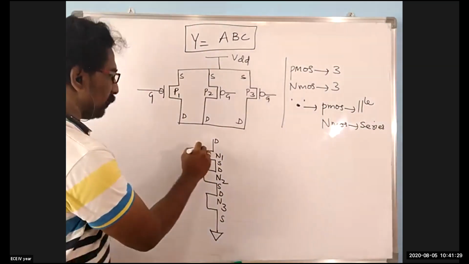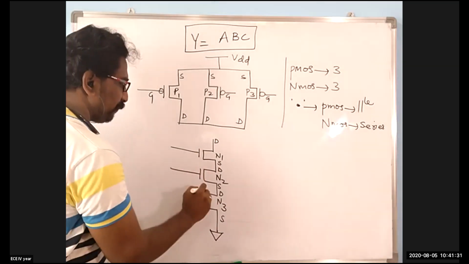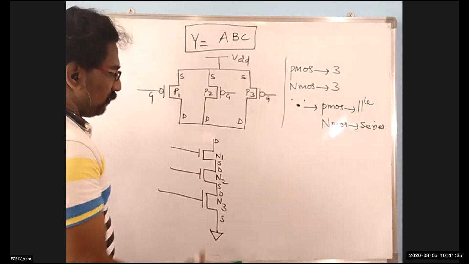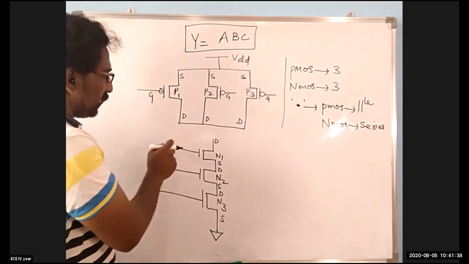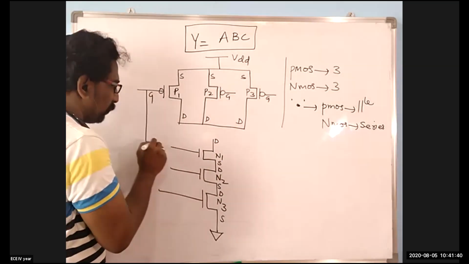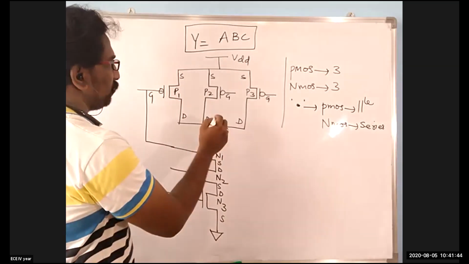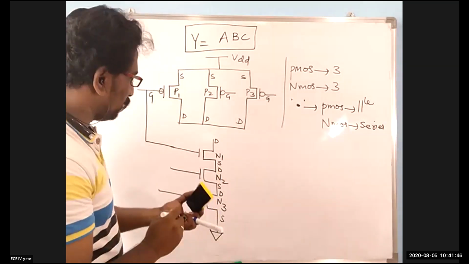So now I'm drawing the gate terminal. The gate of your P1 should always be connected to N1. Then how to draw this one?